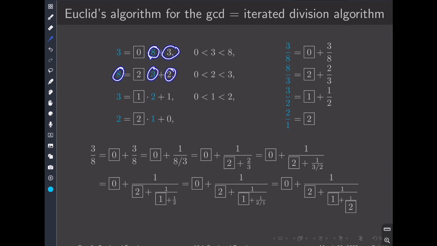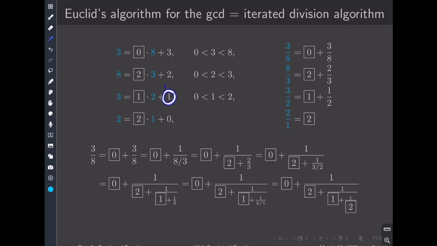If it's non-zero, then take the last quotient and divide by the last residue, etc. If it's not 0, iterate, and then we know because of the division algorithm that eventually we reach 0, and we know that the last non-zero residue is the greatest common divisor.